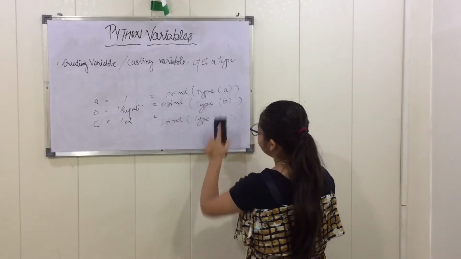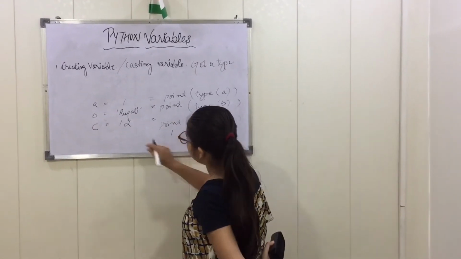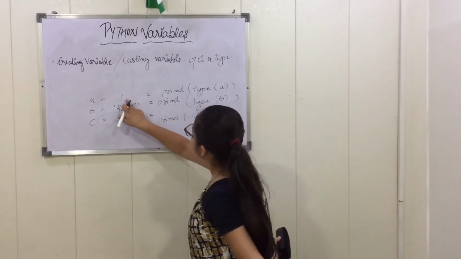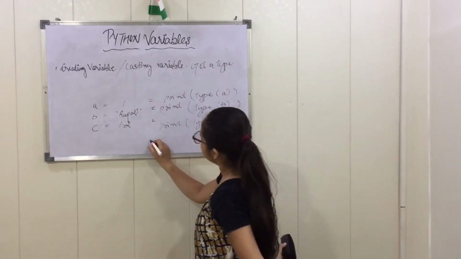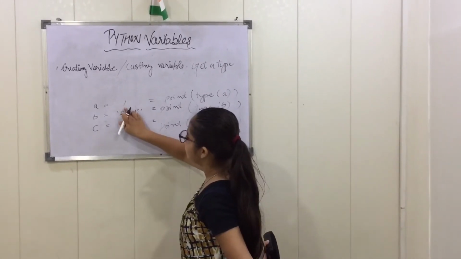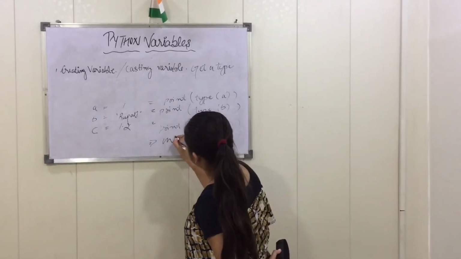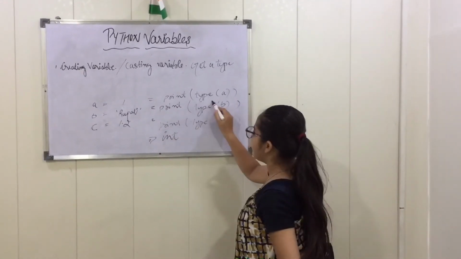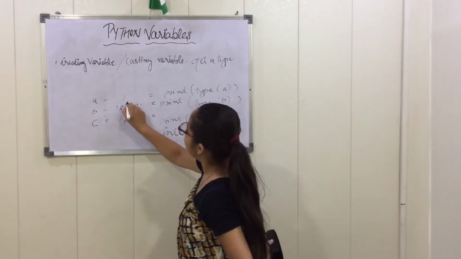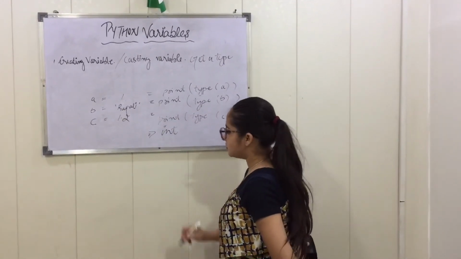So the output for the first, we need a type. The first output will be 1, a number, that is called an integer. So the output will be int, because we need the type of the variable. The variable type is int, that is integer.